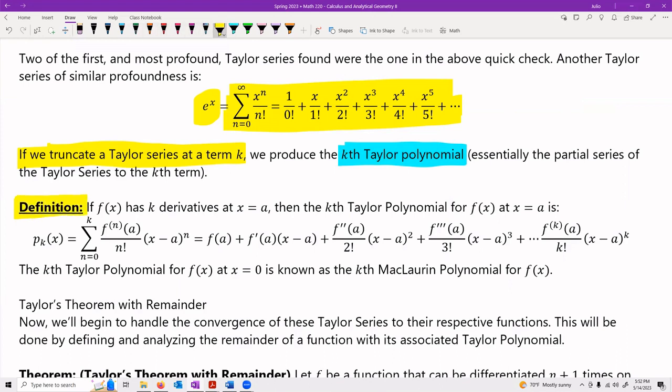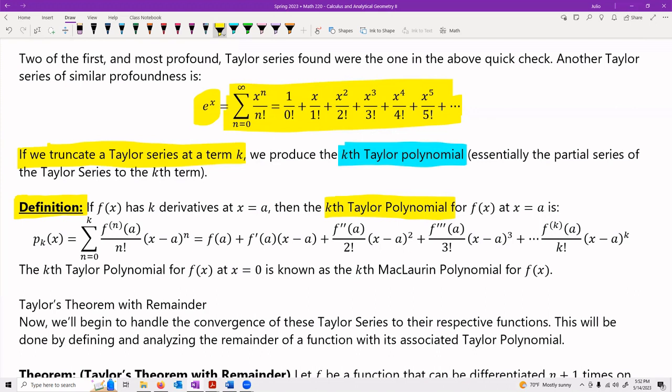When you want to define the kth Taylor polynomial, the thing that I'm really switching out is the k value. Since n is used as a counter, as the index, you don't want to use it for two things. So good mathematical practice is to define it using another number. The textbook did not. I am. That's the only difference.